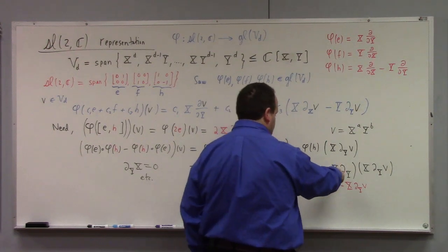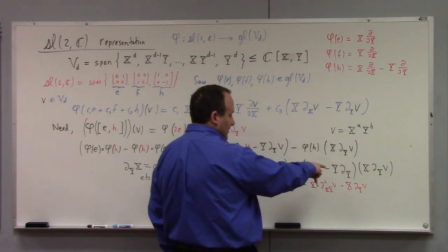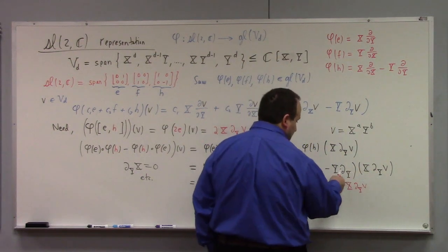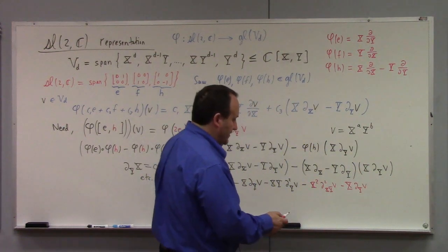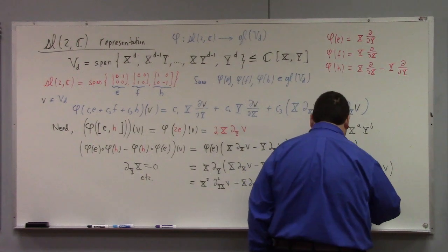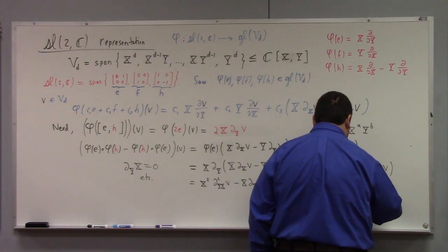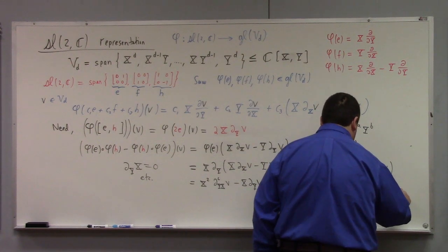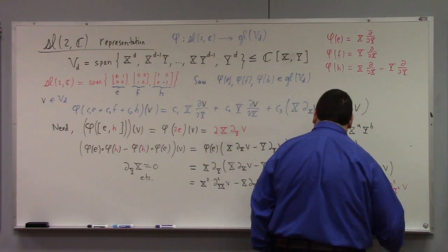That's both from the first. And then now move on to the second term. So this on that. So this is a constant. So I really just get one term from this times that. Namely, I get minus, well, minus minus is plus. So plus yx partial squared y squared acting on v.